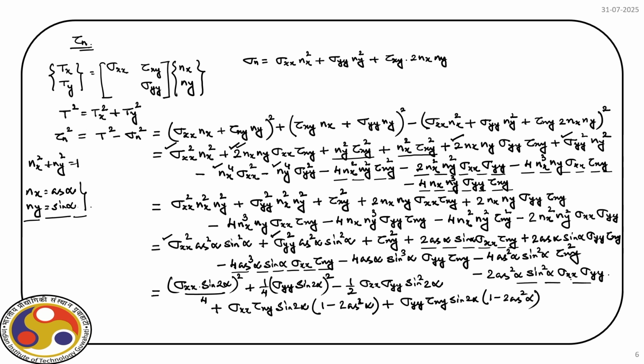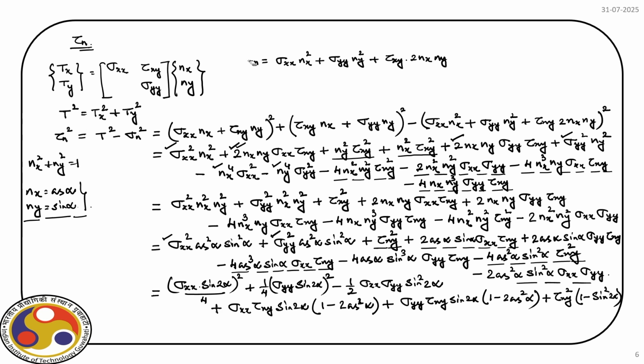Then we have here tau xy square, and then we have another one here tau xy square. So, plus tau xy square, and then within bracket 1 minus sine square 2 alpha, right. Okay, we are almost there.